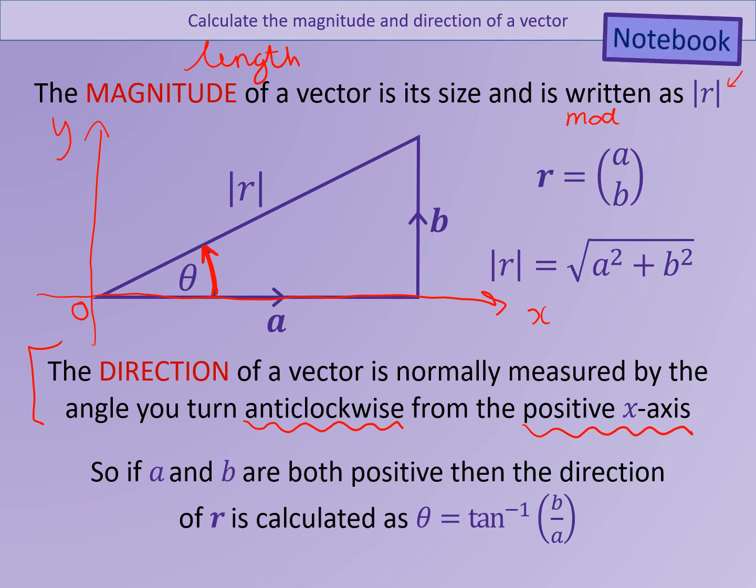So the diagram is always useful. So if a and b are both positive, then the direction of the vector r is calculated using this formula: the inverse tan of b over a, and that would be, using trigonometry, the opposite over the adjacent.